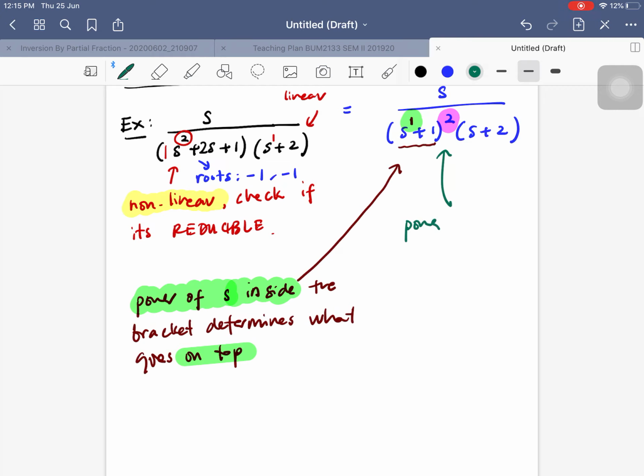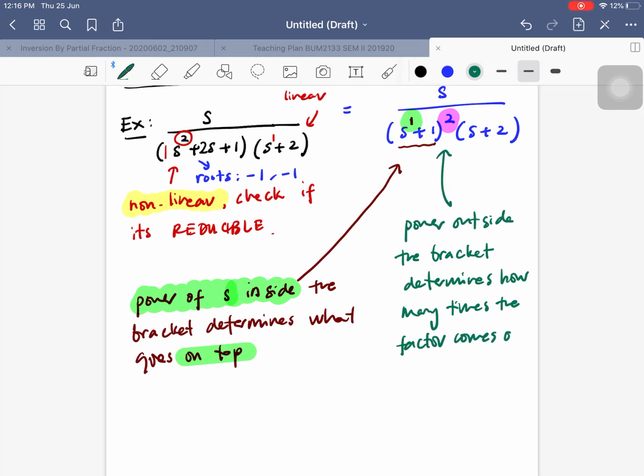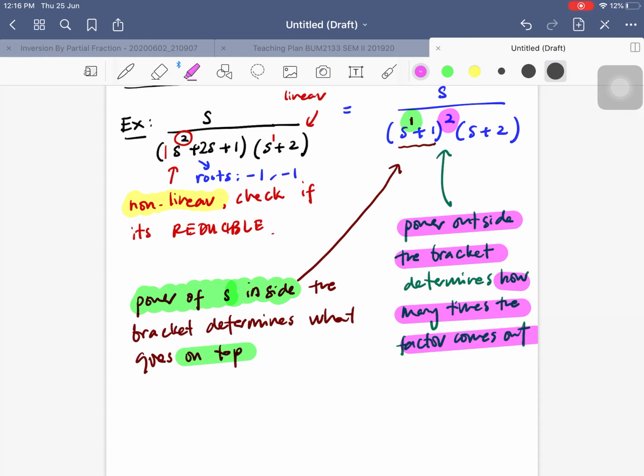Power outside the bracket determines how many times the factor comes out. So the key point is that the power outside the bracket determines how many times the factor comes out.